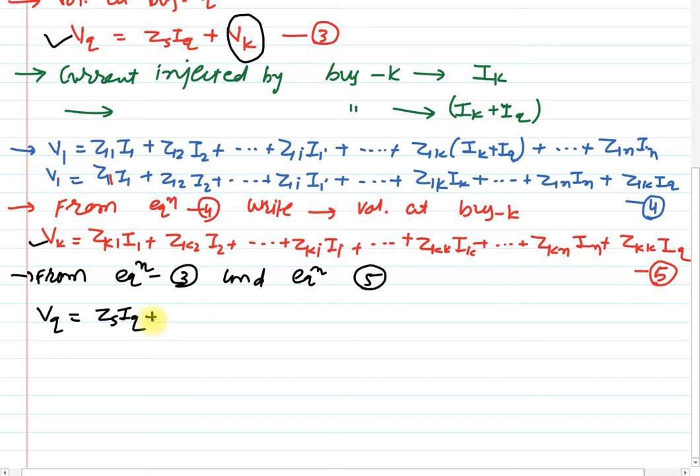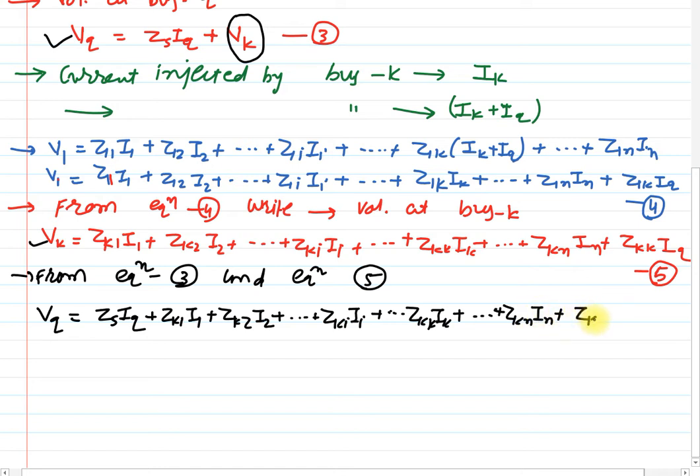So I will write, instead of Vk, it is Zk1 I1 plus Zk2 I2 plus Zki Ii plus Zkk Ik and Zkn In, and the last element which is Zkk Iq. Clear? The final equation.